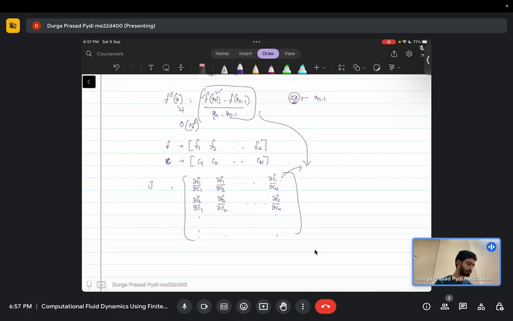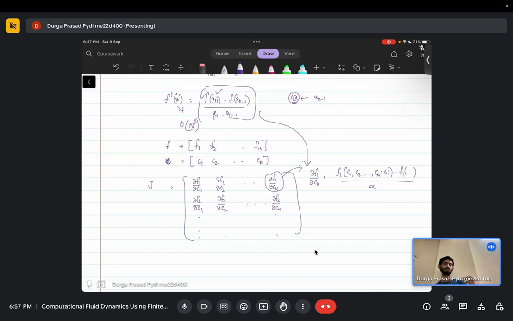Say del f1 by del cn: you just increment the value of that particular cn by delta c, and then evaluate f. All other coefficients remain the same, only cn is incremented by delta c, and you divide by delta c. That gives you the value of that particular element in your Jacobian. This has to be done for all the values to get your entire Jacobian matrix. It is a crude way, but this can also be done.